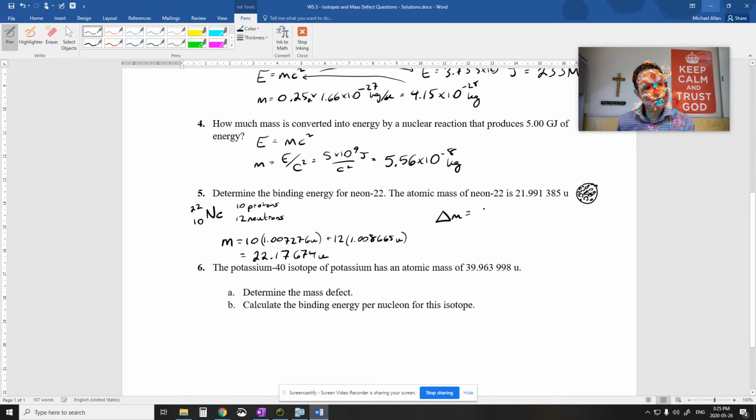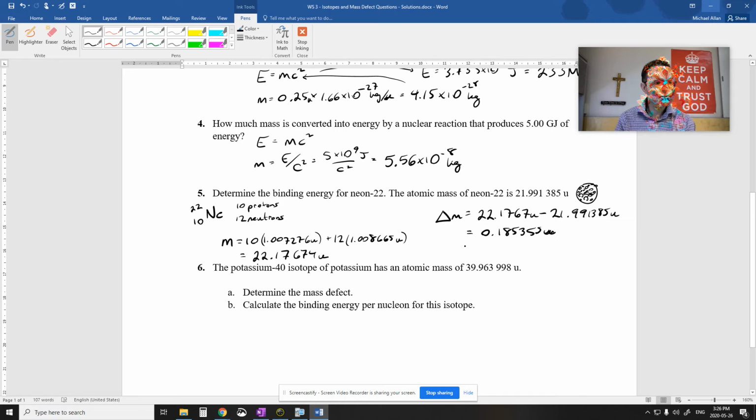And the mass defect, I'm just going to subtract the 2 numbers. I have the number in my calculator, so I'll just use that. 21.991385. So there's a change in mass of 0.185355 atomic mass units.